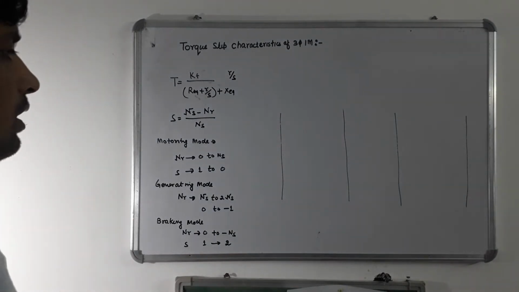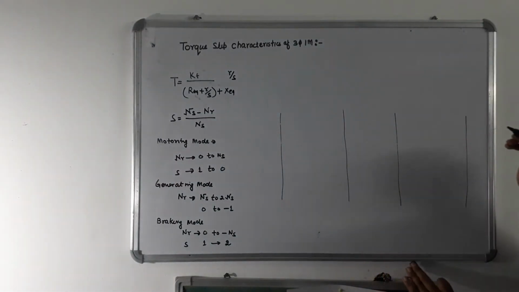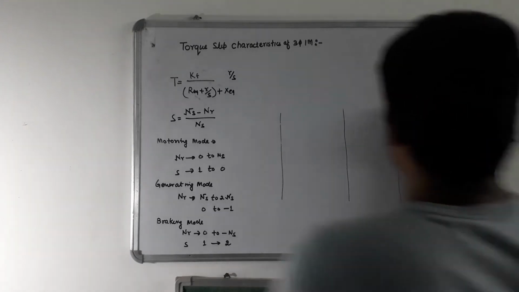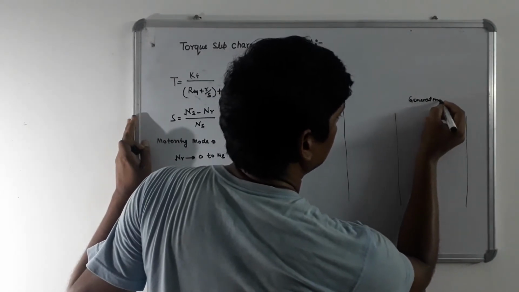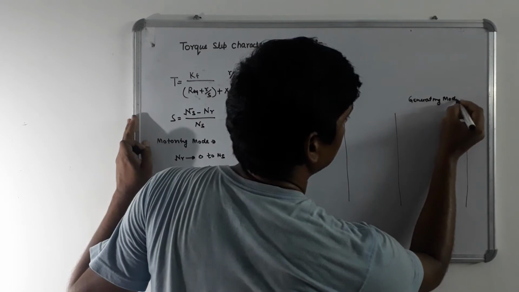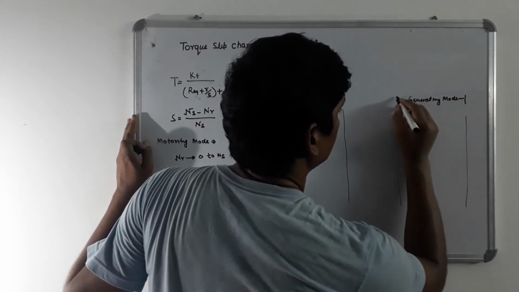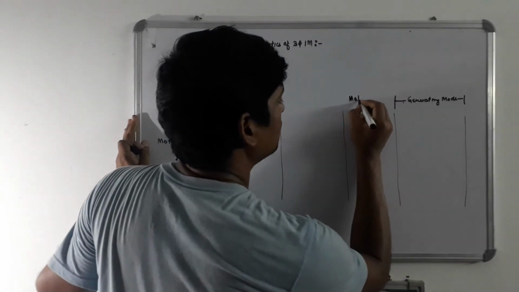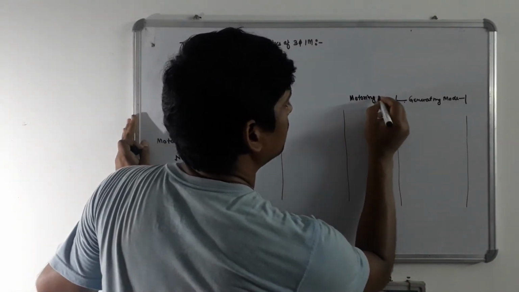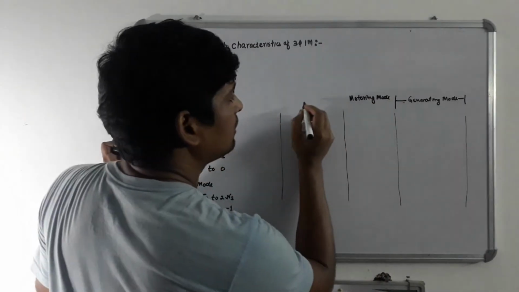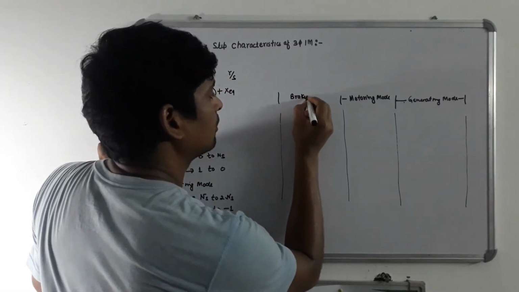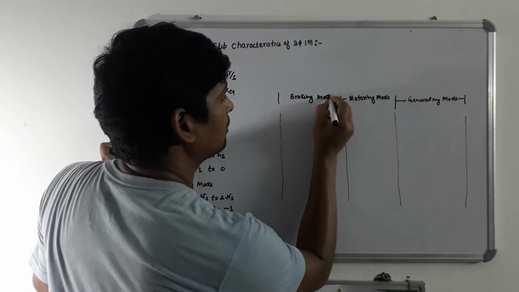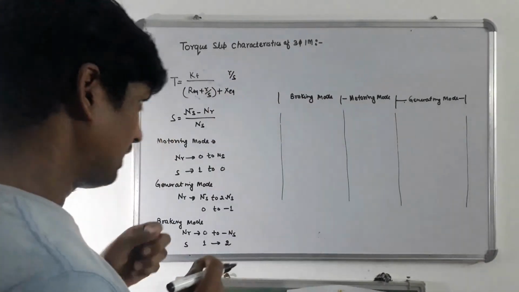Here I am writing: this is the generating mode, this is the motoring mode, and this is the braking mode.